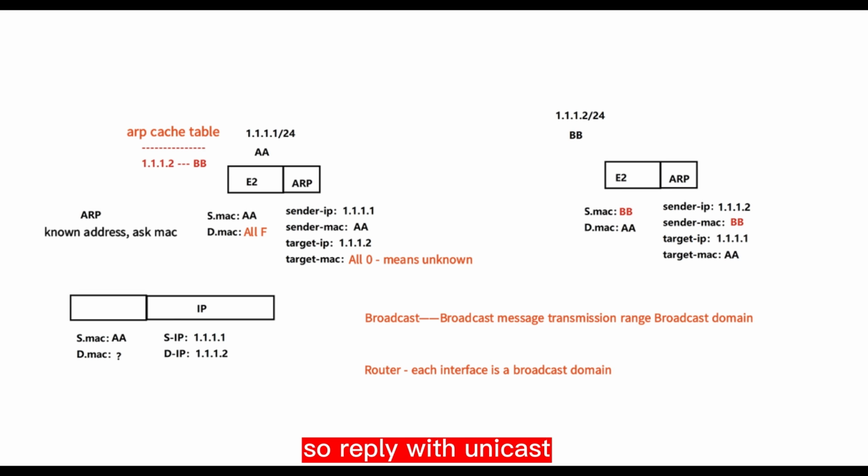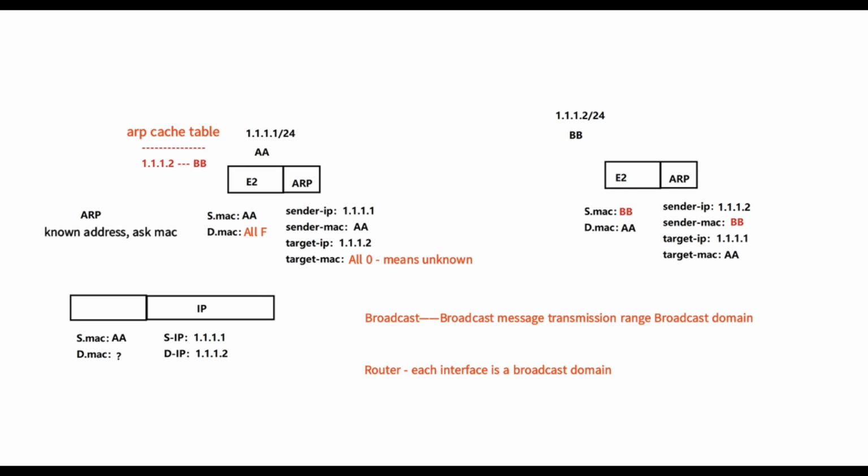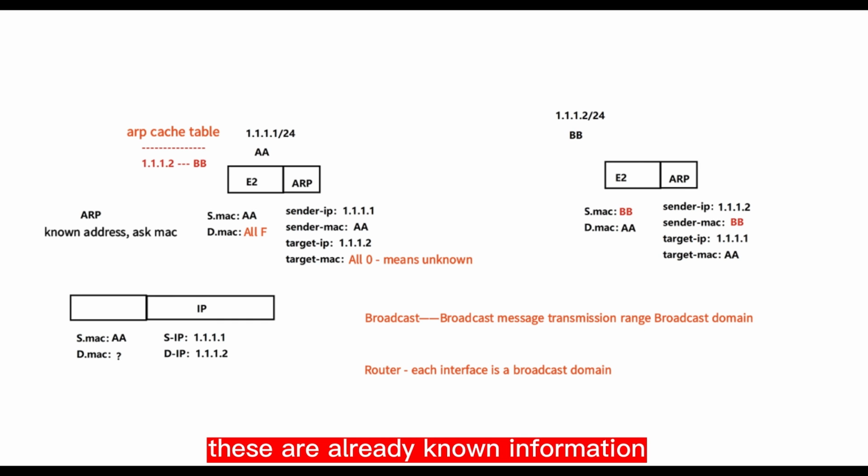So it replies with unicast, sending data to it one-to-one. We call it unicast. This is ARP packet encapsulation. Then seal the second layer. The source MAC of the second layer is itself, BB, and the destination MAC is AA. These are already known information.